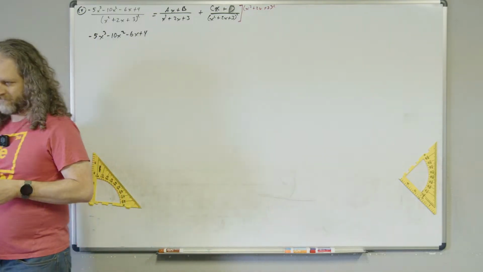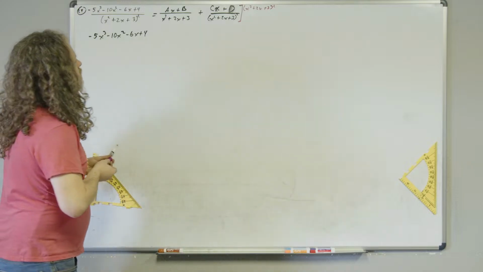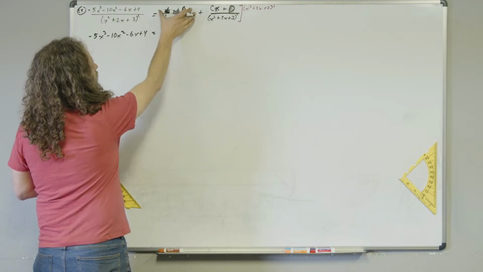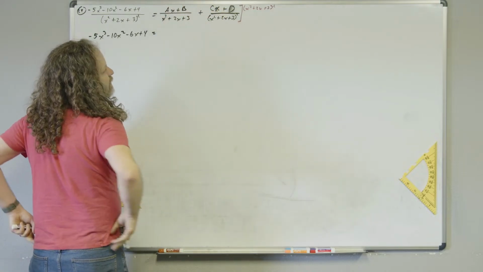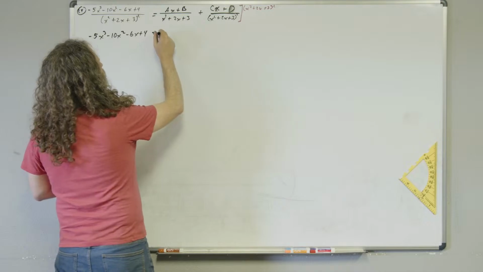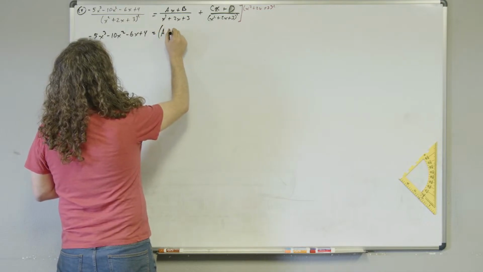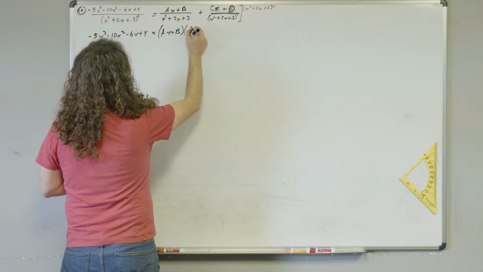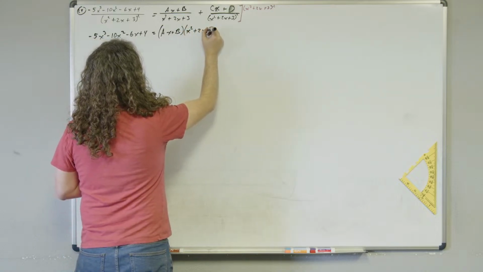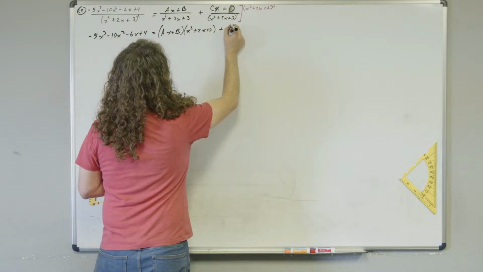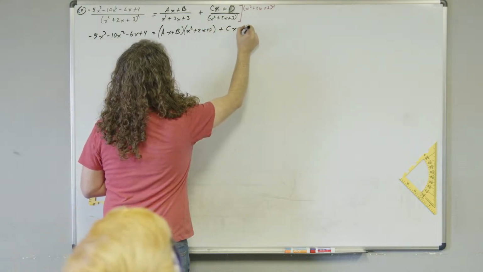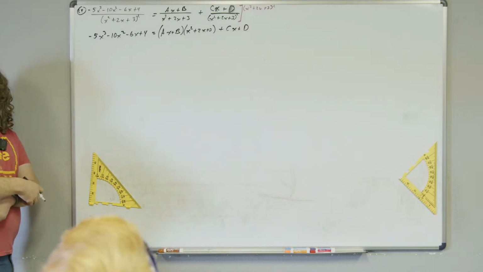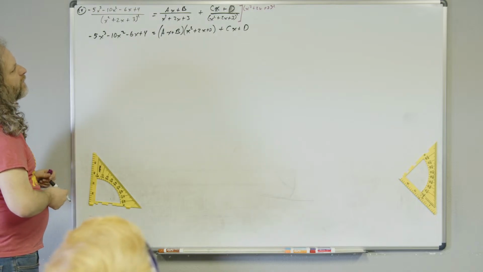This is the weird part. This one doesn't have one of them, so it needs one. So ax plus b times x squared plus 2x plus 3, then plus cx plus d. We don't have a rogue x this time, like the example we did the other day. So that's nice, less to forget to write down.